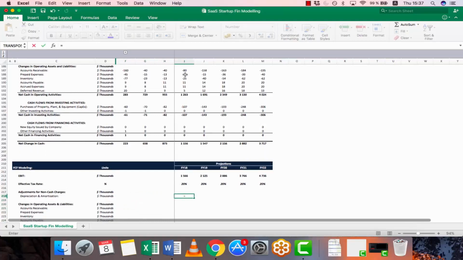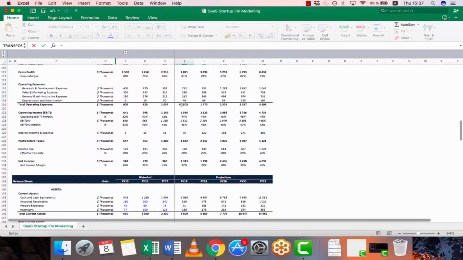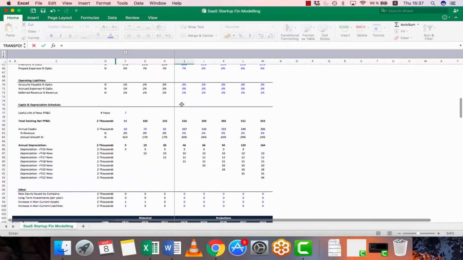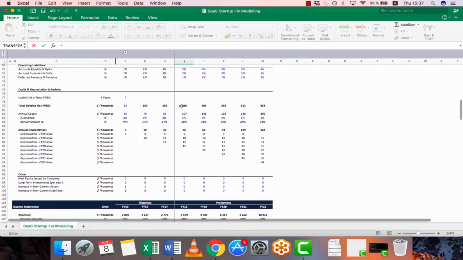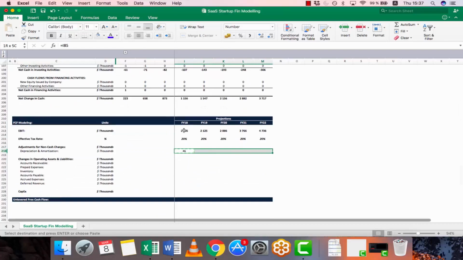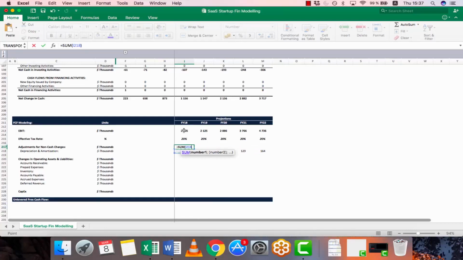Simply copying our depreciation and amortization from our schedule that we've made. Here you are, annual depreciation. Just copying it.